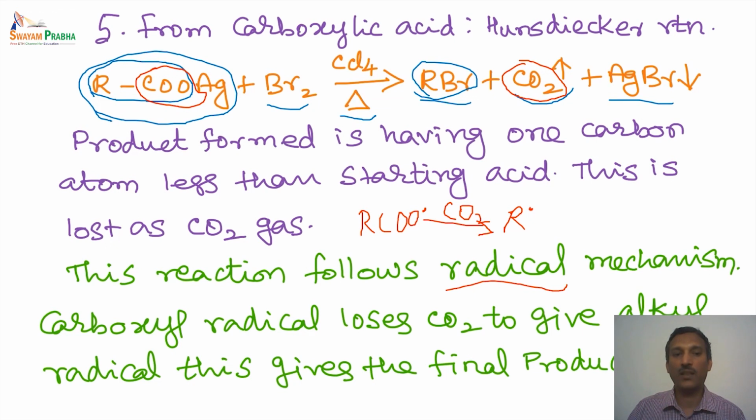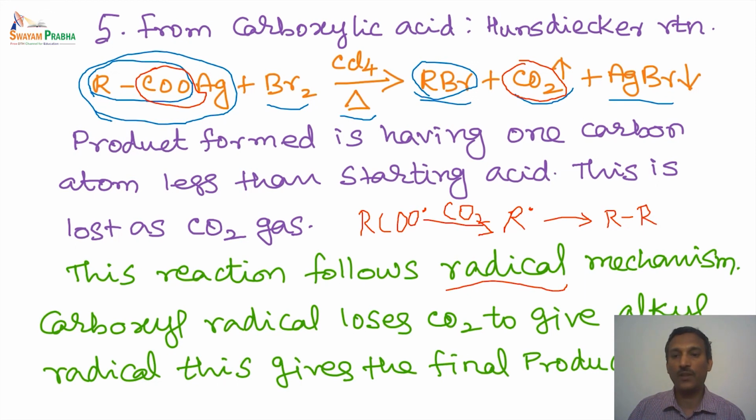So this reaction does not necessarily give 100% yield of our required alkyl bromide, but it may also be contaminated with some amount of the dimer, where the R group undergoes dimerization. So 2 R dot combine together to give RR.